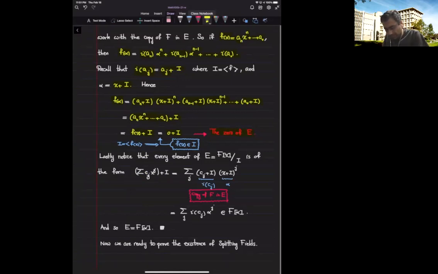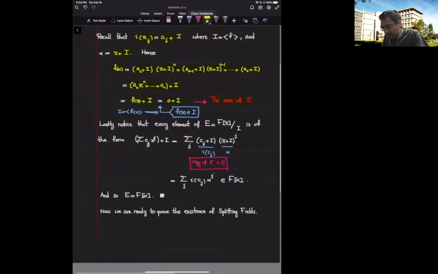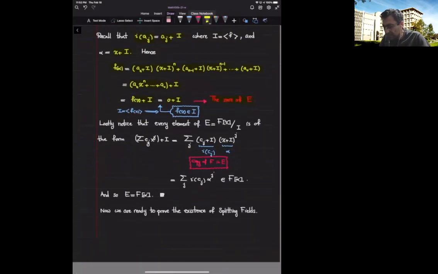But that is exactly the case because every element of E is represented by some polynomial, with coefficients c sub j, I mean the coset represented by c sub j, which means the copy of F inside E.